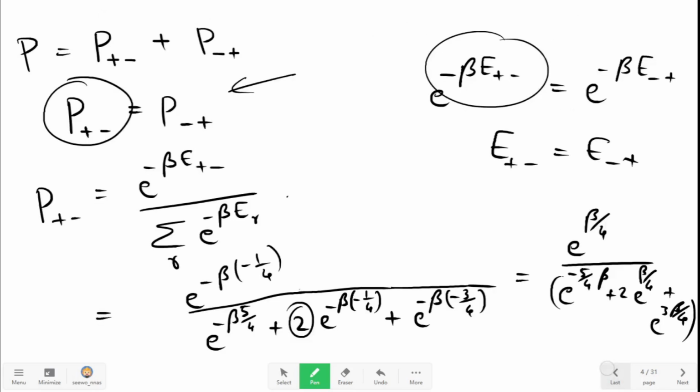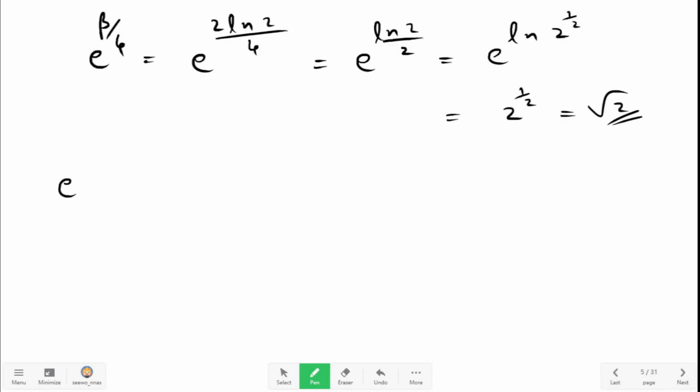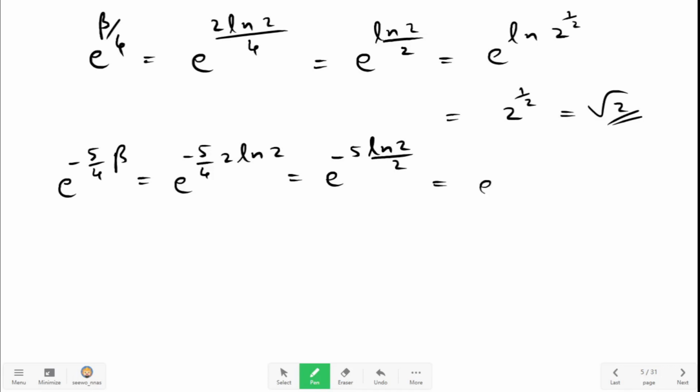Now let us find e raised to minus 5 by 4 beta. This is equal to e raised to minus 5 by 4 times 2 ln 2, which is equal to e raised to minus 5 ln 2 by 2, which is equal to 2 raised to minus 5 by 2.